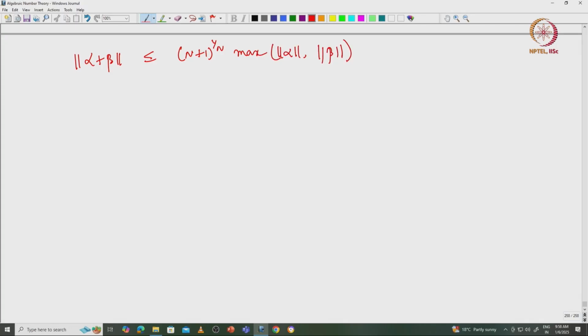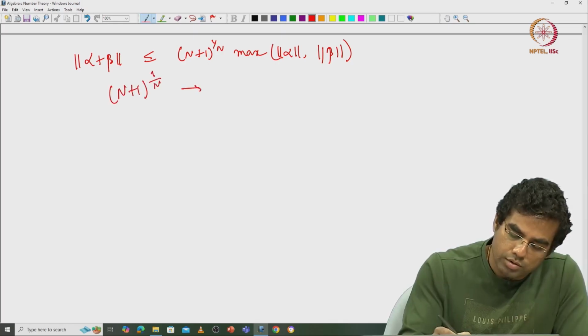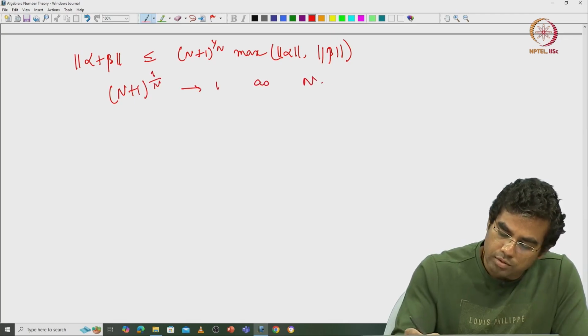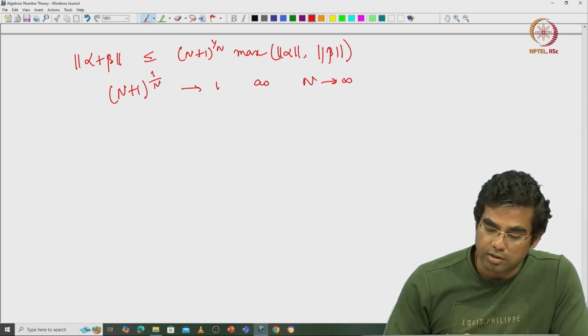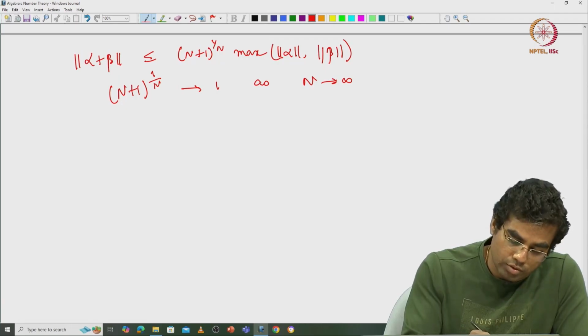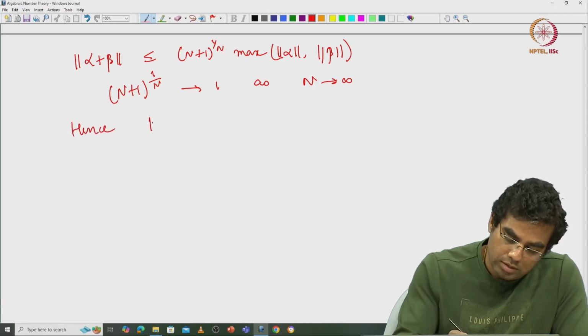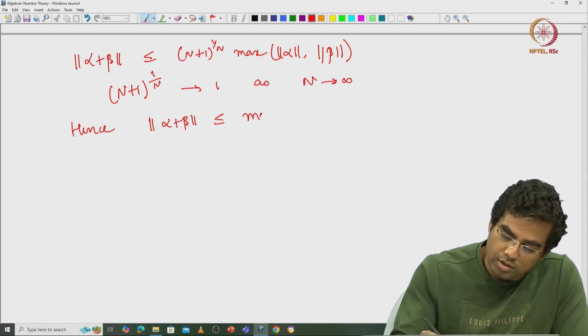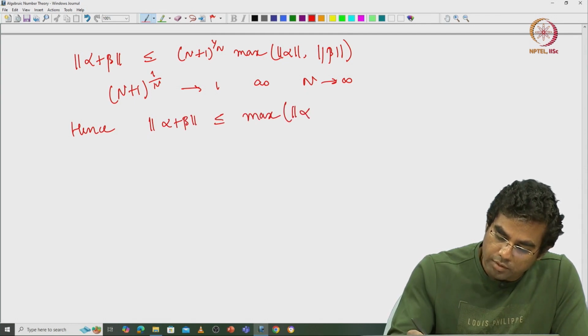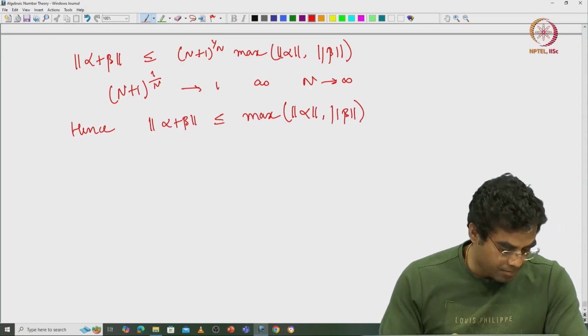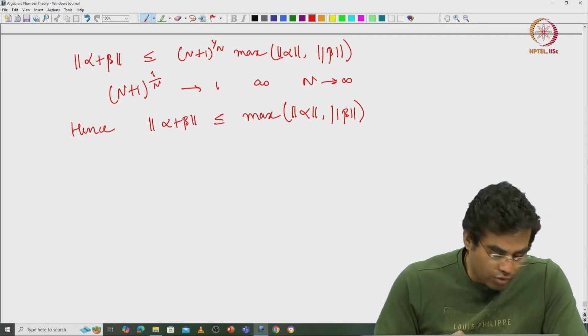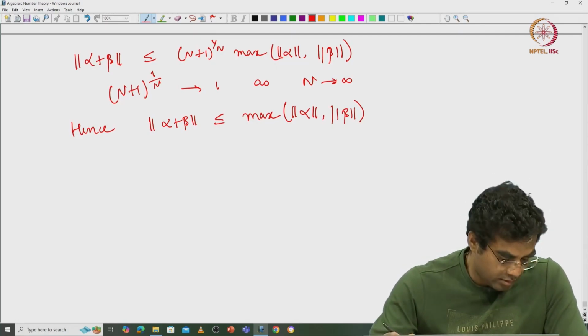Now, N plus 1 to the power 1 by N goes to 1 as N goes to infinity, something that you learn in the very basic analysis course. Hence, we get valuation of alpha plus beta is less than or equal to max of valuation of alpha, valuation of beta. So, this is stronger than triangle inequality.